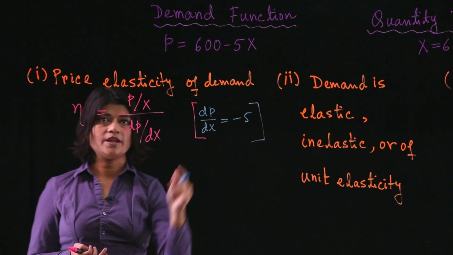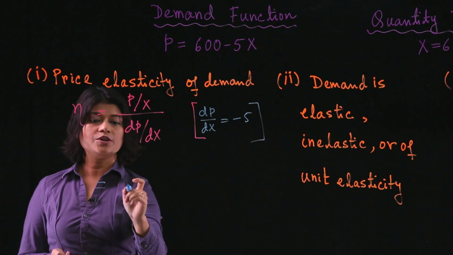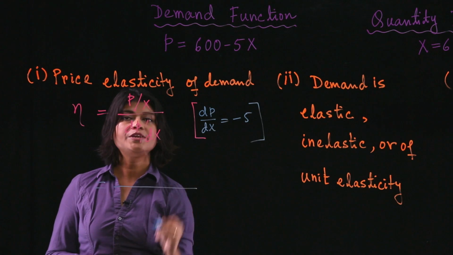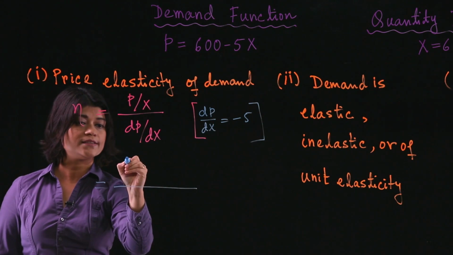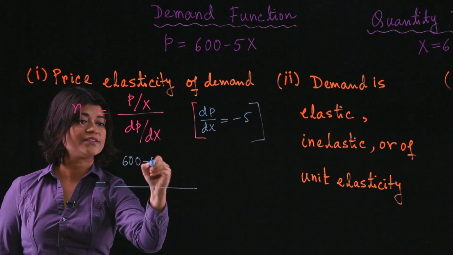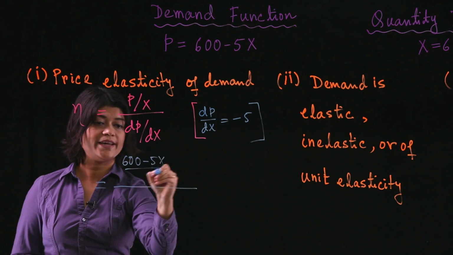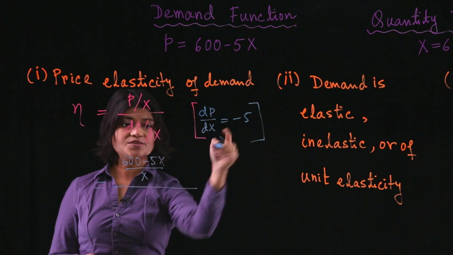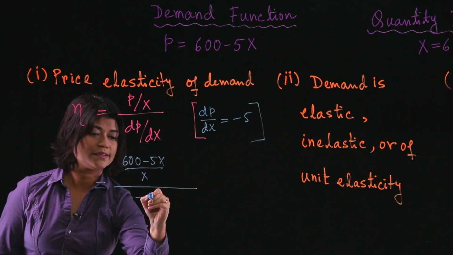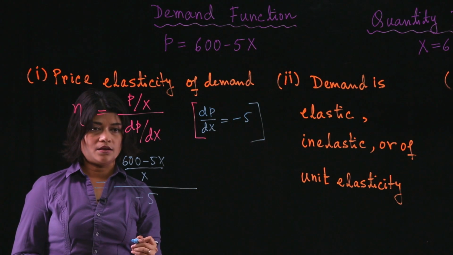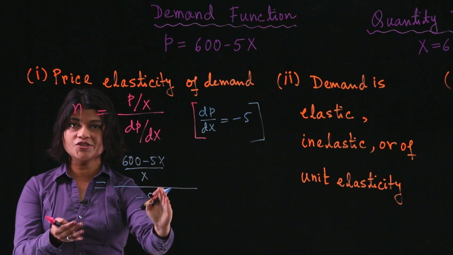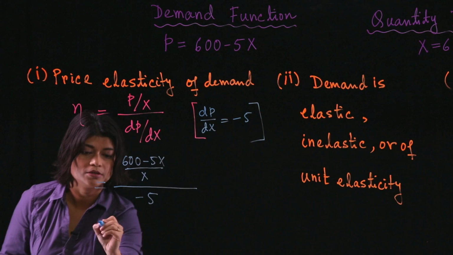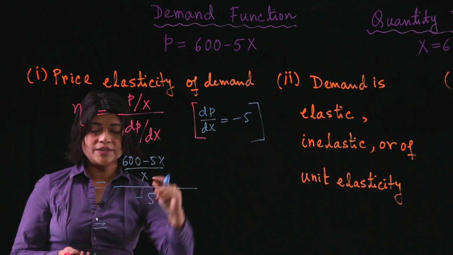Okay, now plug everything in. So in the numerator, we have P over x. P is 600 minus 5x divided by x. And in the denominator, we have dP dx, which we just computed, is negative 5. All right, see there are two different fractions here. Let's make it into one fraction. And you know how to do that.